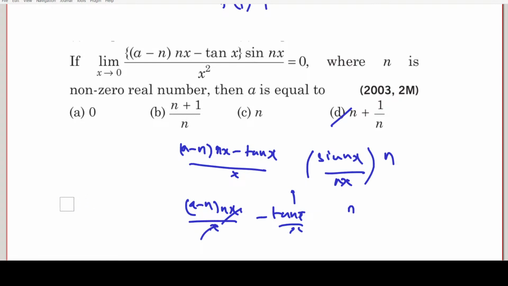A minus n into n square minus n, because sin nx by x. Okay, wait, so this is this one. This into n, no? A minus n into n minus 1 whole times n, na?